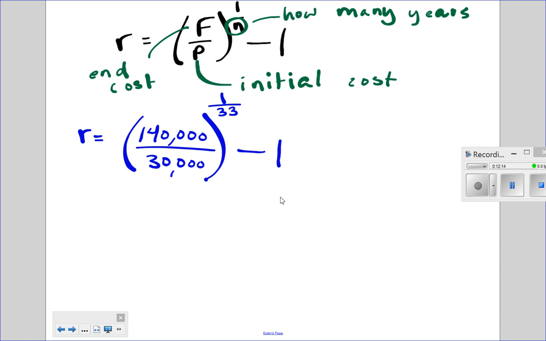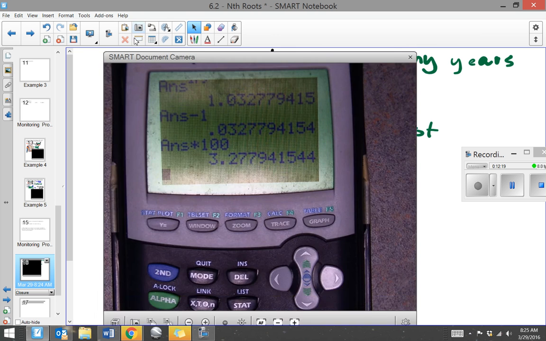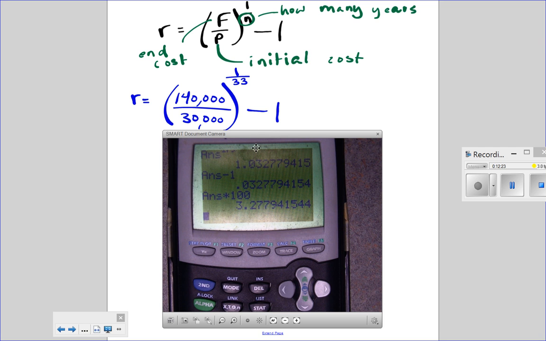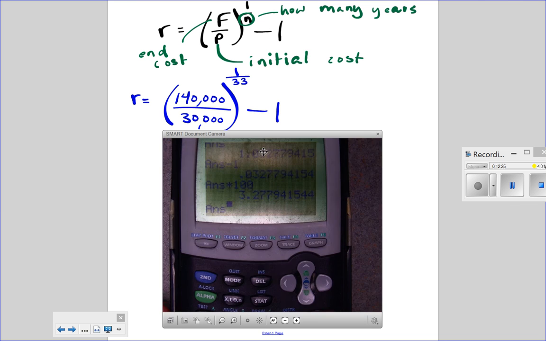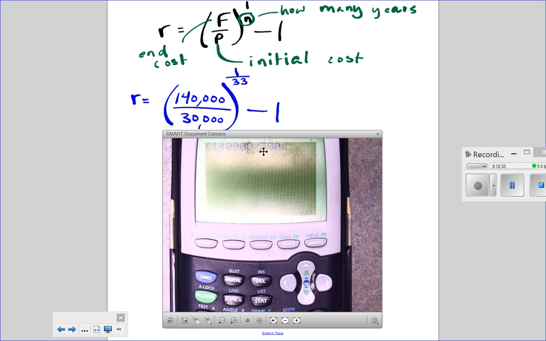Okay, so let's figure this out. I'm going to put my calculator on the screen again. So we do, I'm going to use parentheses, 140,000 divided by 30,000. And all of that goes to the 1 divided by 33rd power.